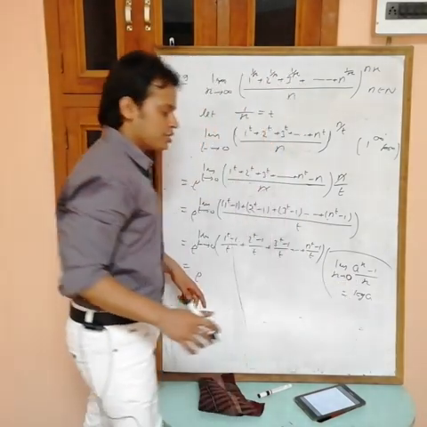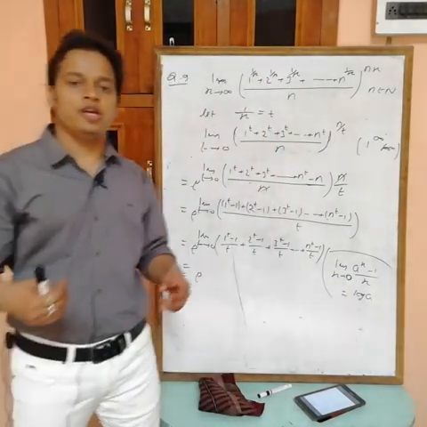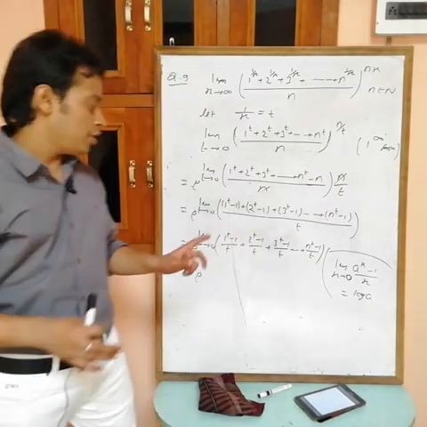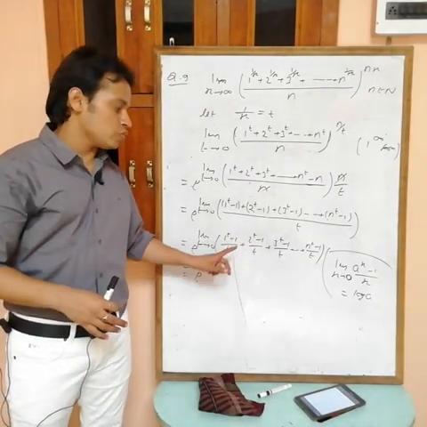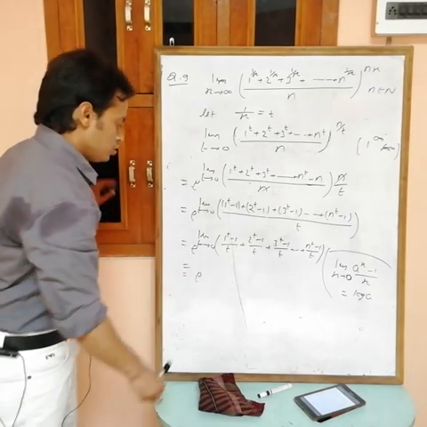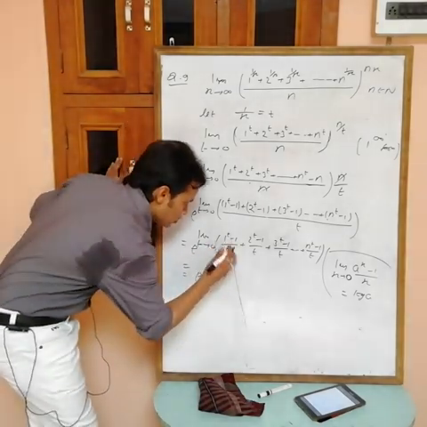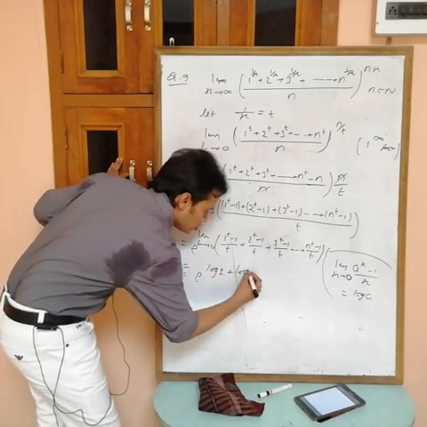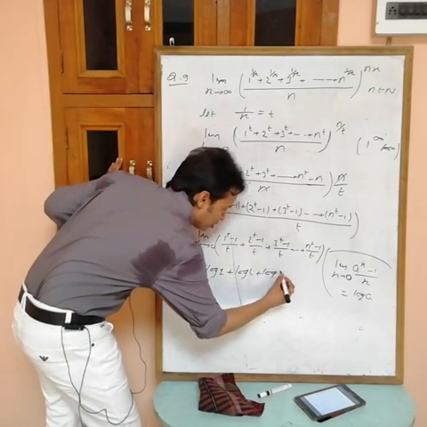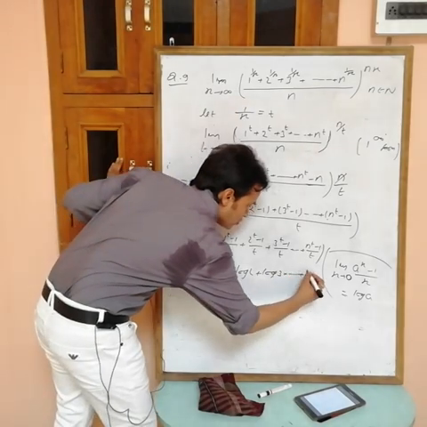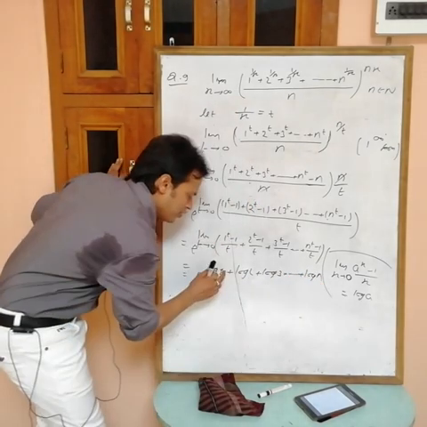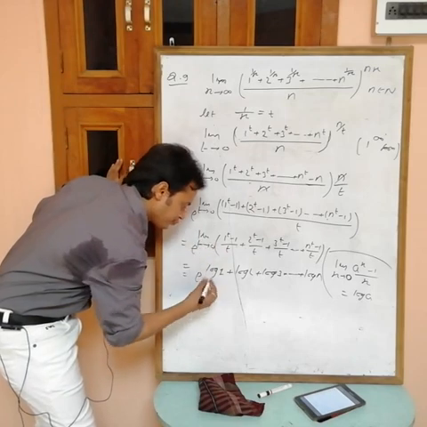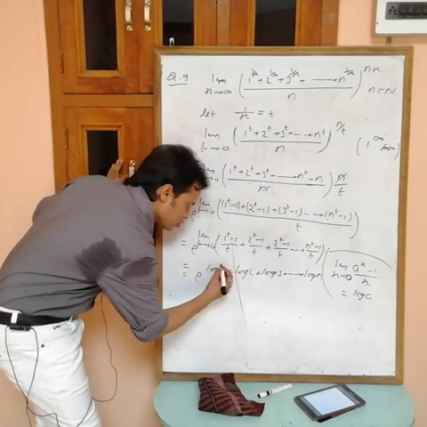Limit x tending to 0, a power x minus 1 by x is log a. So a power t minus 1 by t is log a. So for this one it is log 1 plus log a, a is 2, log 2 plus log 3, and for the last one log n. Log 1 is 0.